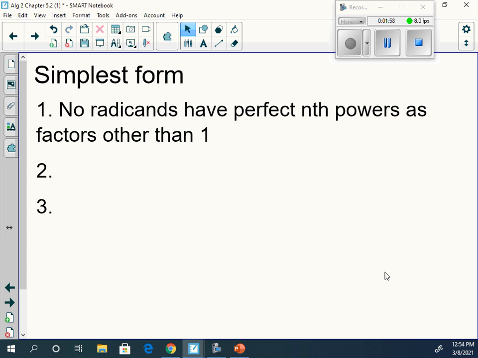Well, the square root of 4 is what? 2. We can simplify it. So if we can take that nth root, if we can reduce it down, then we need to for it to be in simplest form. Again, that's saying we can't leave the square root of 4 as an answer. We have to simplify it.